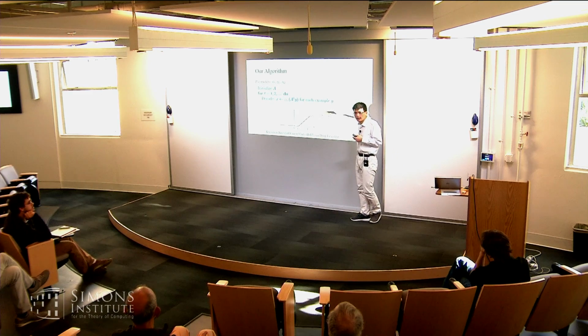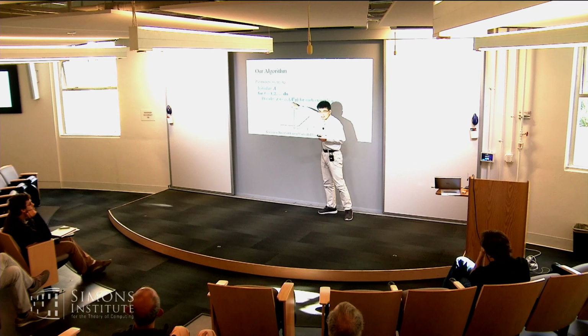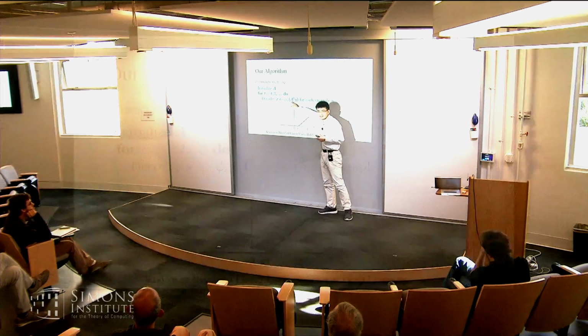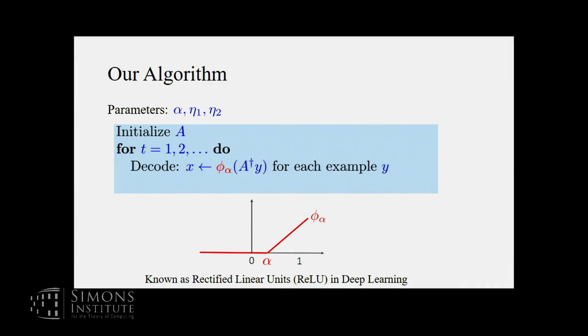And then for each y, you use the pseudo-inverse of the current solution, let's say A_t. And then you get the decoding. And then I will use these decodings in updating A_t to A_t plus 1.